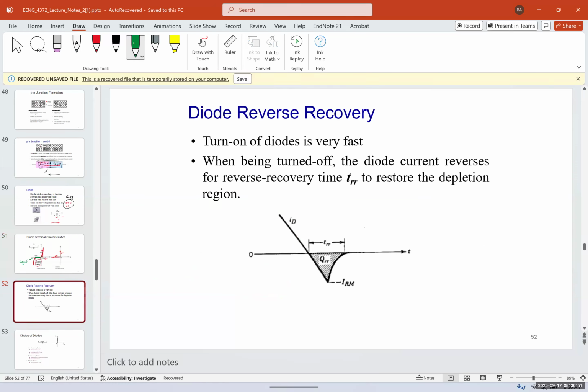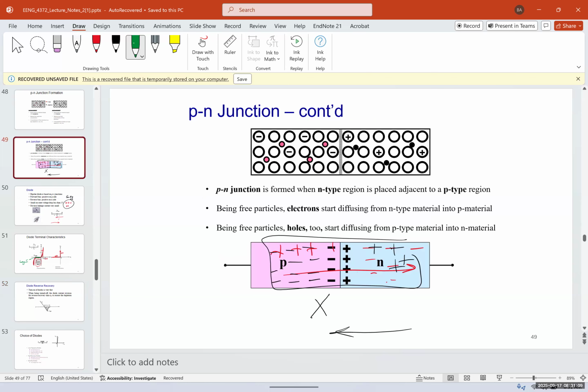Another thing that we have in diodes is the reverse recovery. Usually the turn on is very fast, but when you want to turn it off, it takes some time for the holes and the electrons to move along the silicon and the semiconductor.